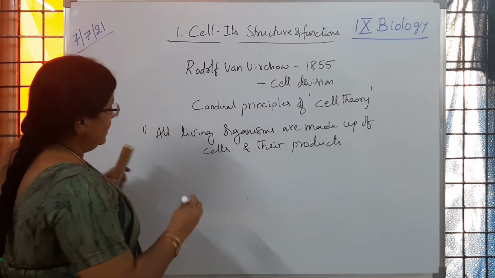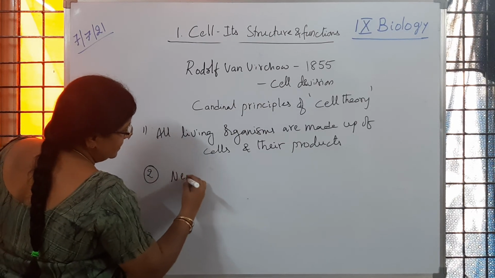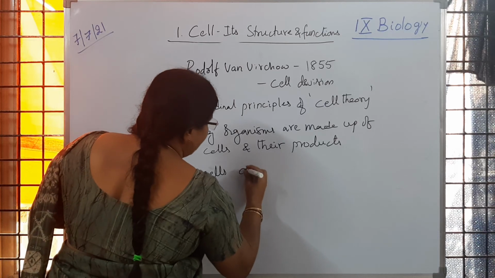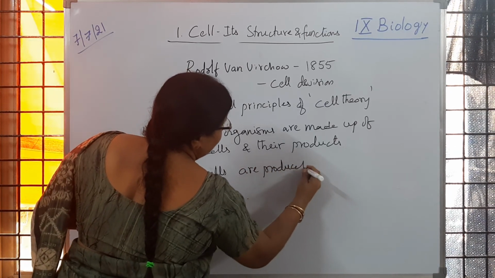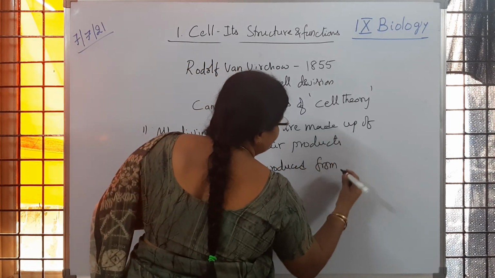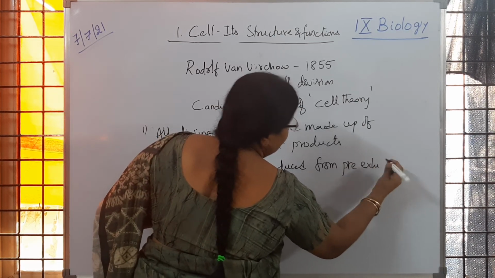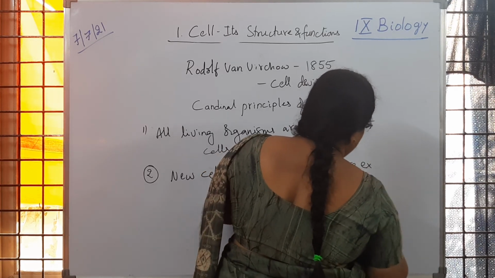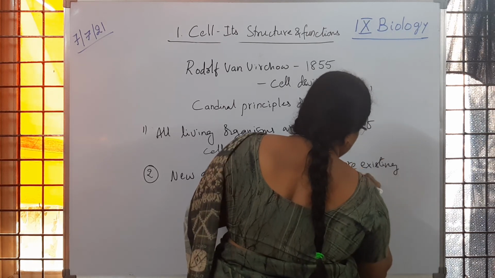Then the second one is that new cells are produced from pre-existing cells.